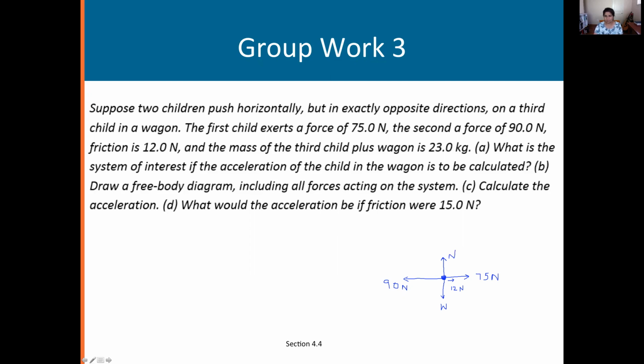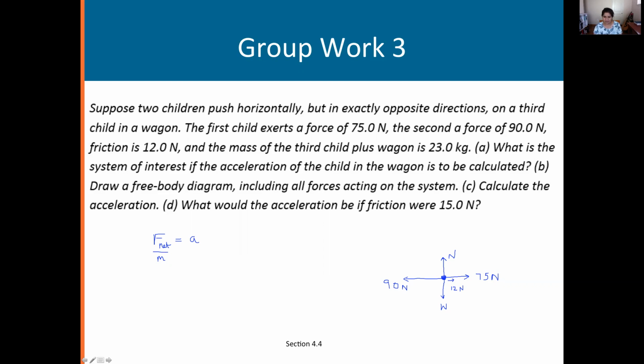That's part B. Part C, calculate the acceleration. Now we need the force to be able to calculate the acceleration. We know F net equals m times a. So my acceleration is going to be given by F net divided by the mass. What is F net?